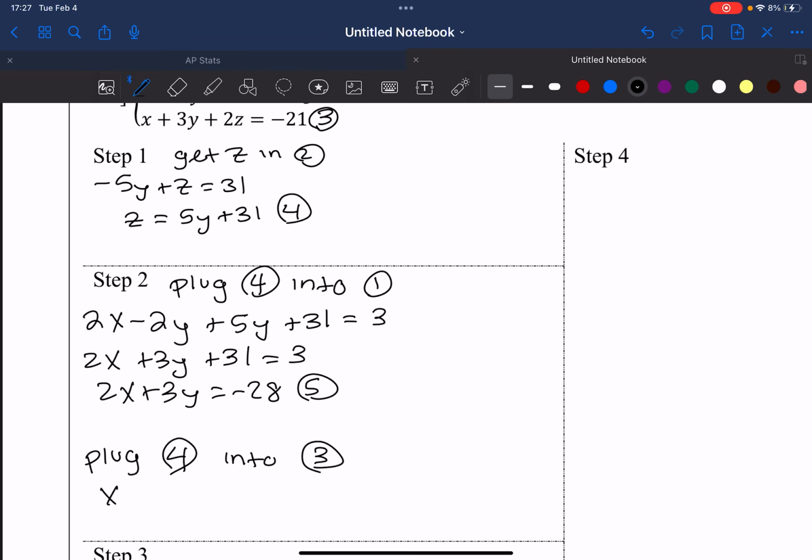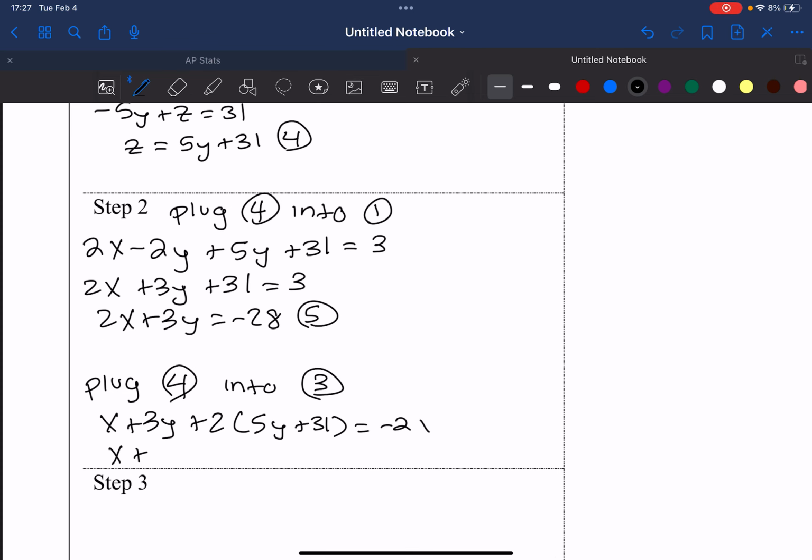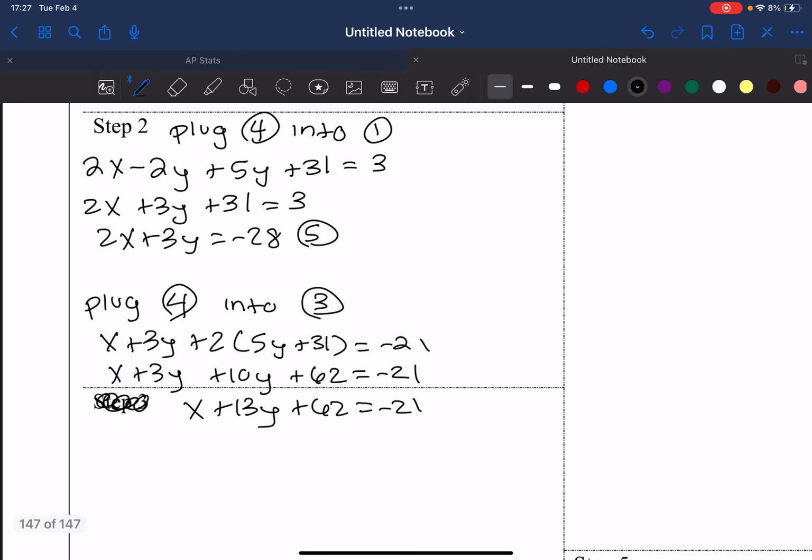So that's x plus 3y plus 2 times 5y plus 31 is equal to negative 21. So this is x plus 3y plus 10y plus 62 is equal to negative 21. So I have x plus 13y plus 62 is equal to negative 21. And then I have x plus 13y is equal to negative 83.